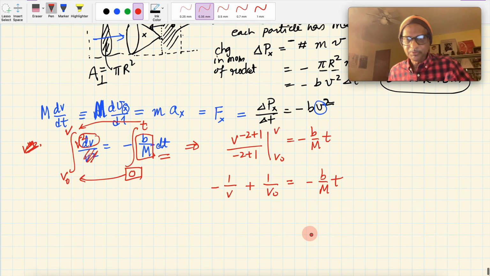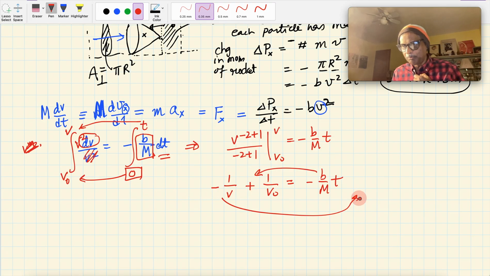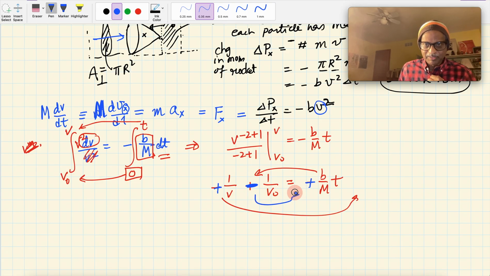Now it's a matter of doing the algebra. Multiply by minus everywhere, and then bring this to the other side. So 1 over v equals 1 over v0 plus b over M t.